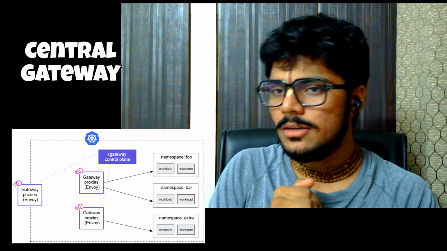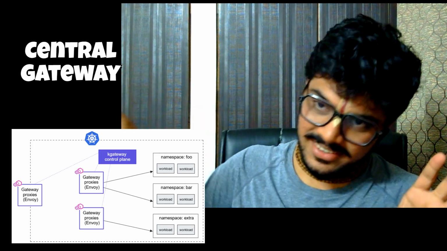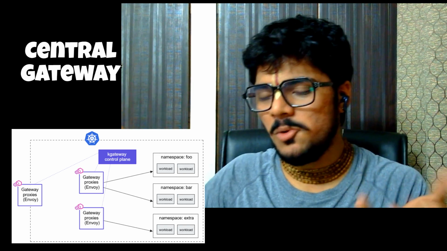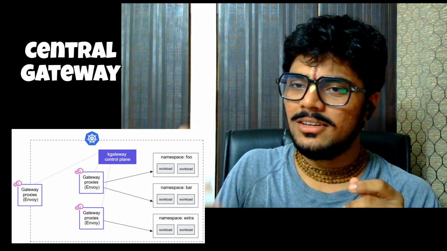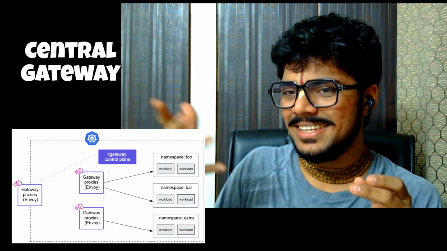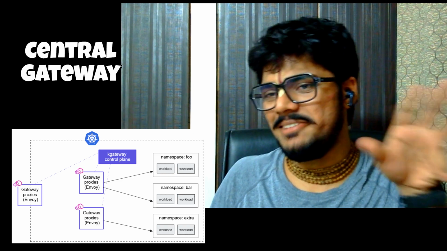And then later on, it will be connecting the two or even more gateway APIs that are pushed onto your cluster. All of those gateway APIs, you might consider them as children of the central gateway API.